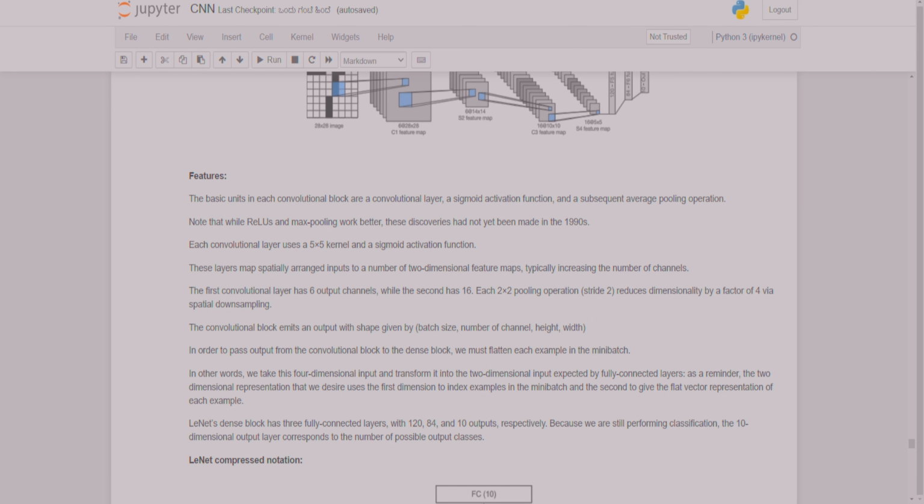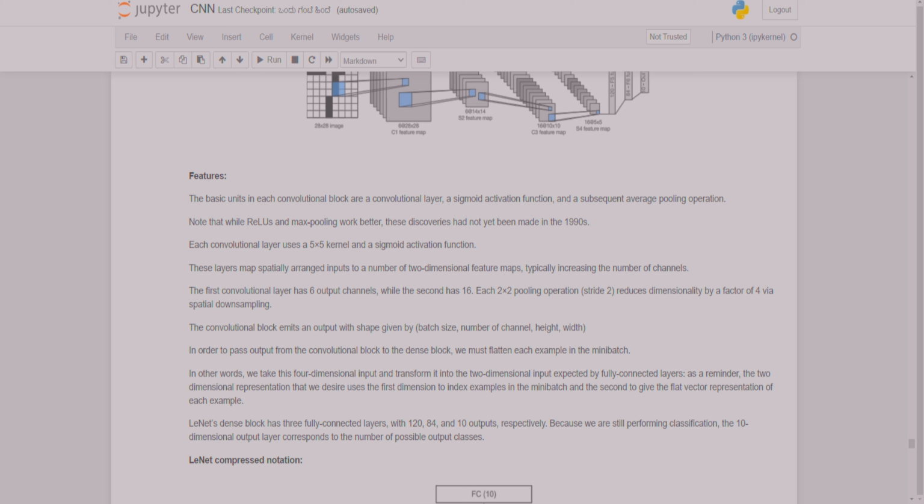So the features: we can see that we have many convolutional layers and the sigmoid activation function. You understand that ReLU, max pooling, etc. are going to work better, but I don't see them here because they had no idea; it was much before.